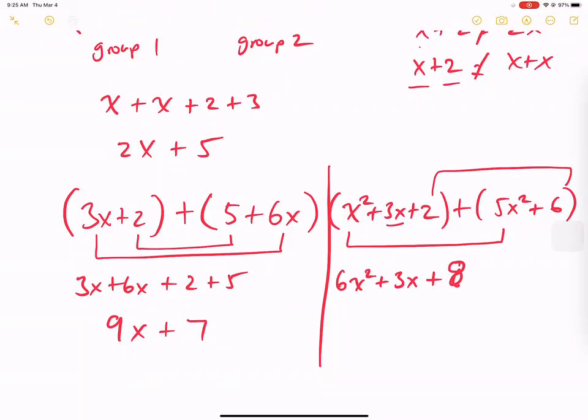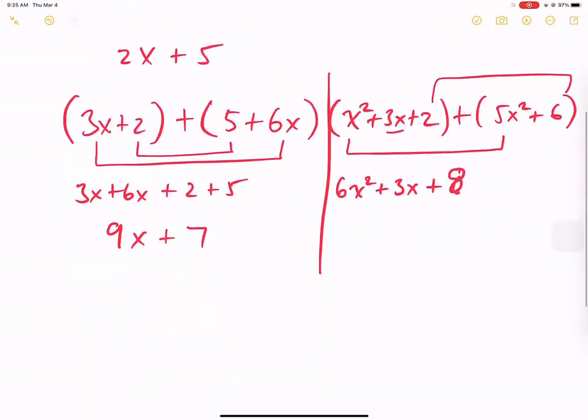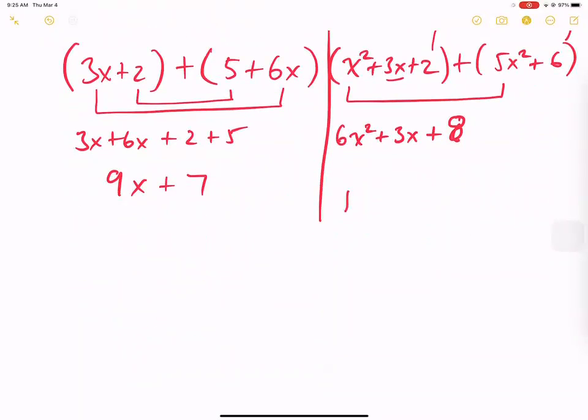Now let me give you a way that we've actually seen this before. If I look at this as numbers, what if this was 132 plus 506? Okay, 132. How did I come up with that? What if I told you x was 10?